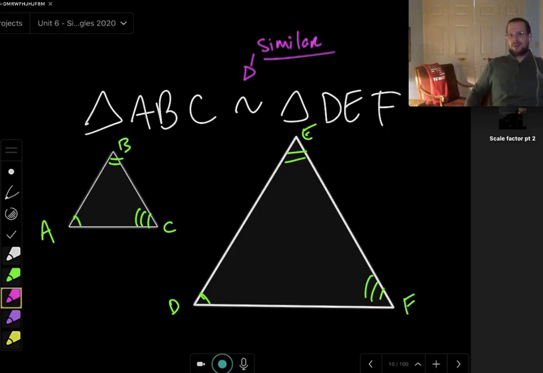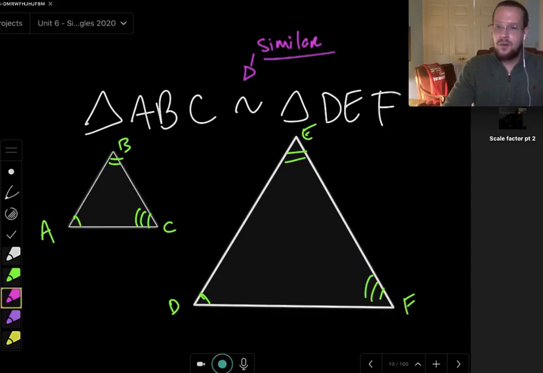But clearly these triangles aren't congruent. The triangle on the left, ABC, is clearly smaller than the triangle on the right. So while the triangles are not congruent, they have congruent angles, but not sides. All three angles of similar triangles must be congruent.